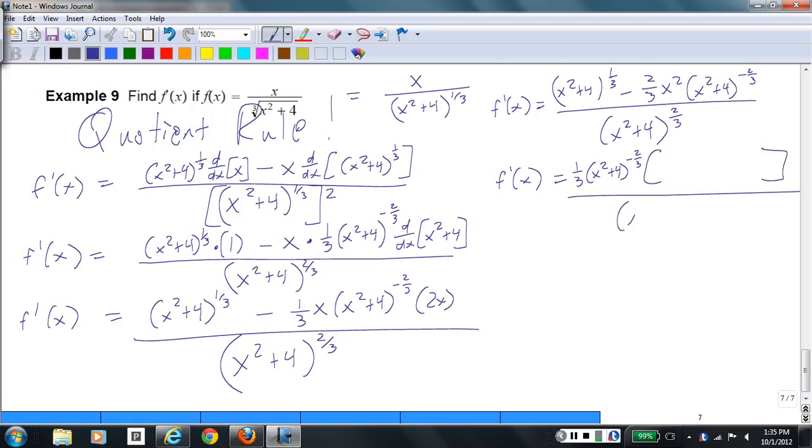And then we'll have an x squared plus 4 to the positive 2/3 down there. If I don't factor out that 1/3, then I'll factor out what I have, and then inside the parentheses there'll be a polynomial with a fractional coefficient. And I don't want any polynomials with fractional coefficients inside. I just want integer coefficients, if I can keep it that way. So that's why I'm trying to look ahead and deal with that 1/3 proactively.